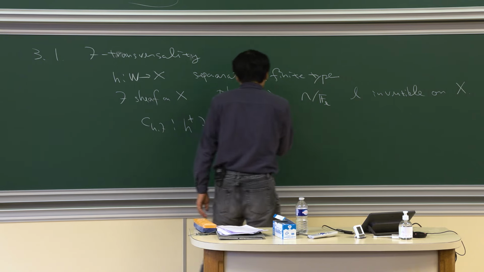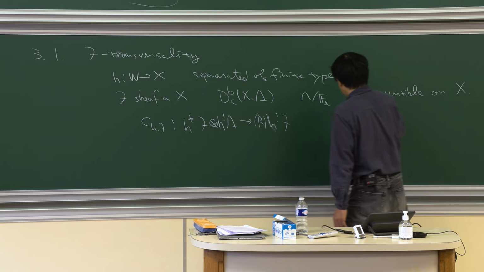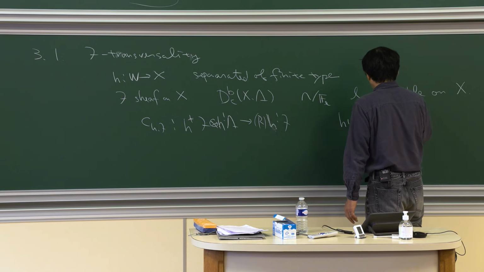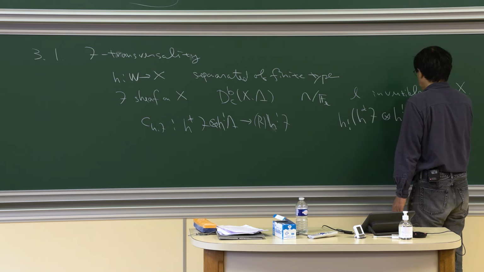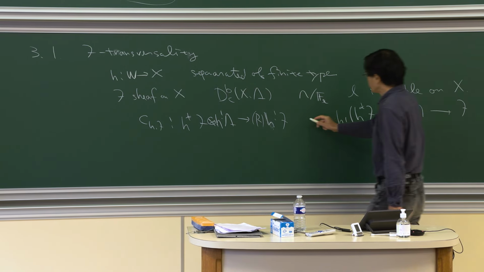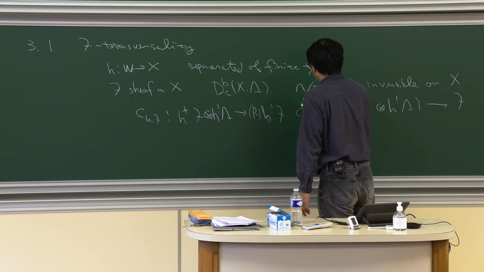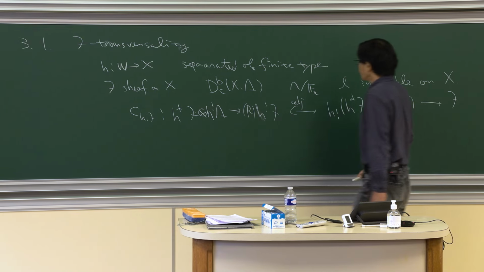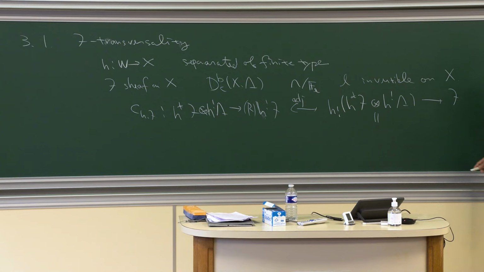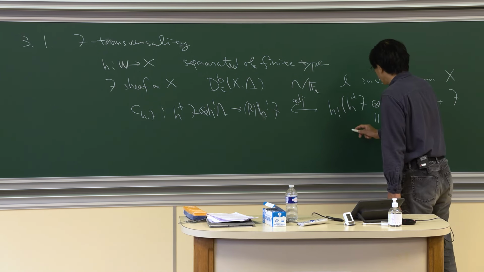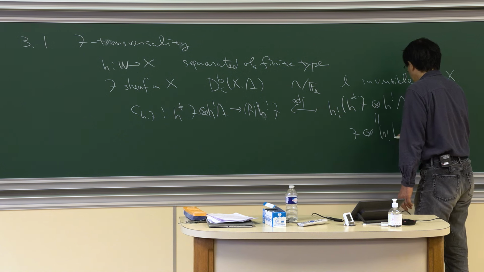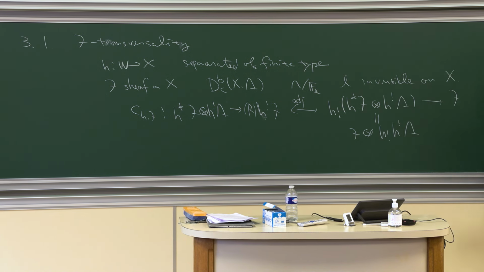By adjunction, to define this is the same thing as to define this morphism. Then by the projection formula, I can identify this with F tensor like this.